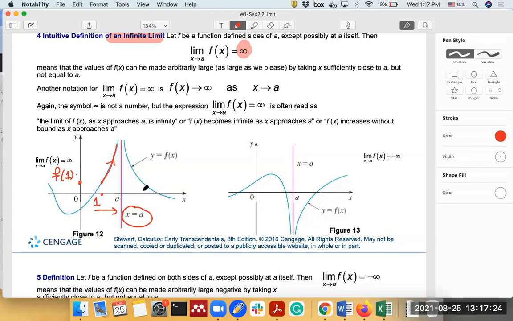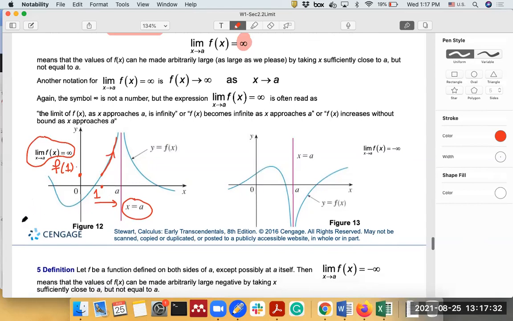So we say that the limit of this function f when x comes to a from the left is infinity. And similarly, if x approaches a from the right, we see that it's also going to infinity.